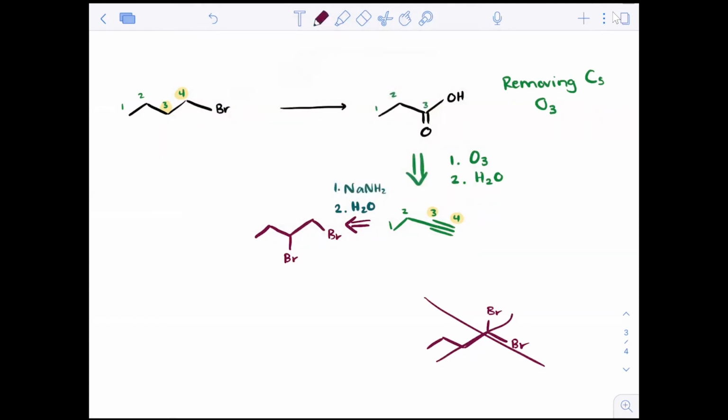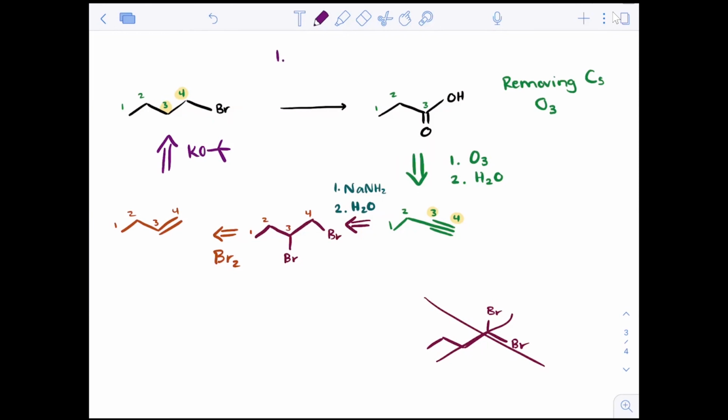Let's keep stepping back. How do we make vicinal dihalides? It's with Br2 and a double bond. Keep my counting. And then our last step, how do we make an alkane into an alkene? It's with a base and an E2 mechanism. So a few more steps here.